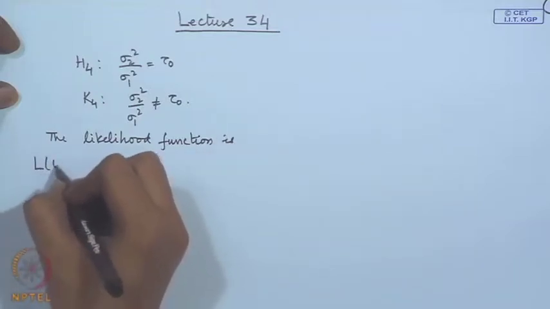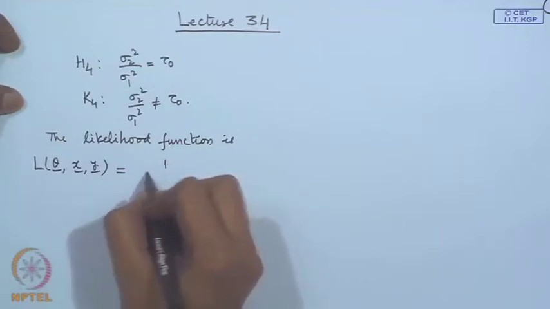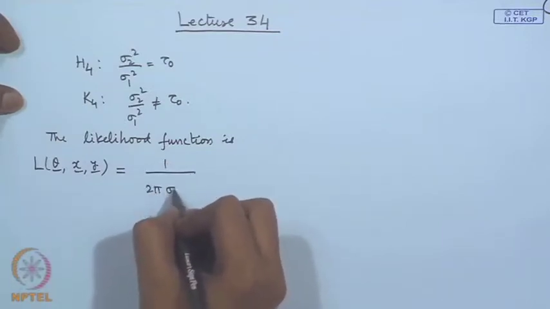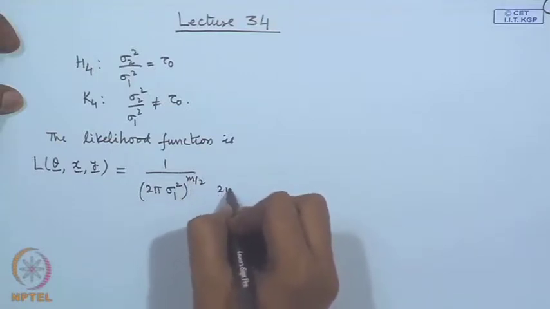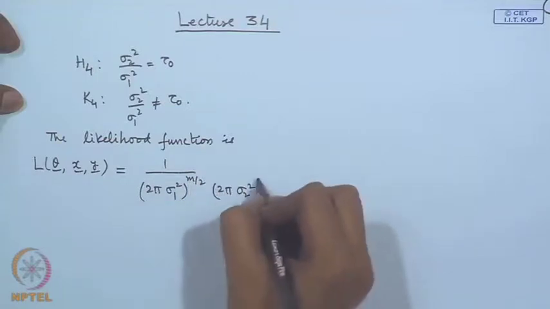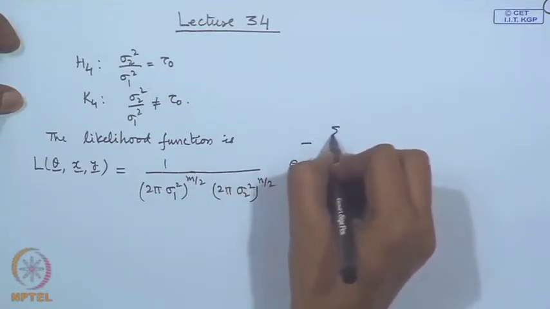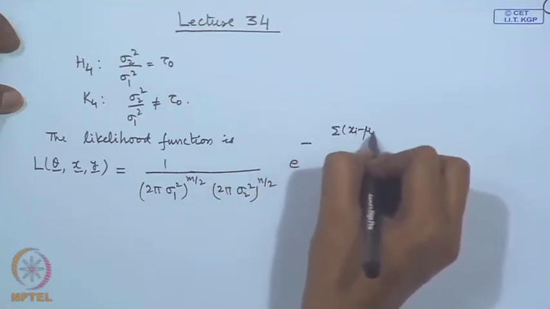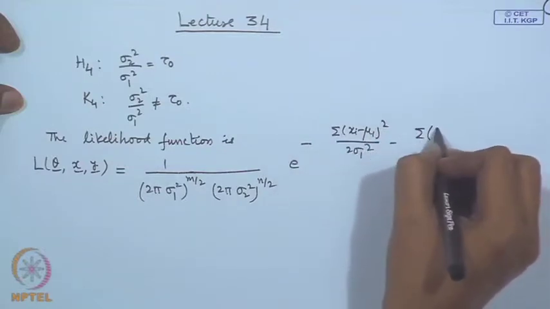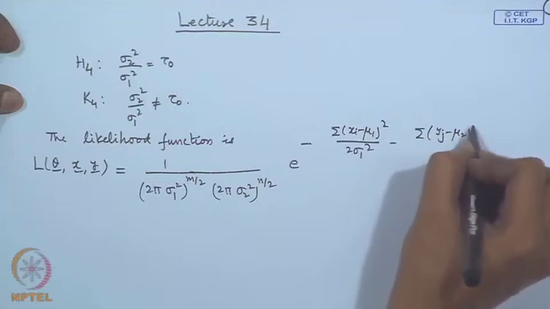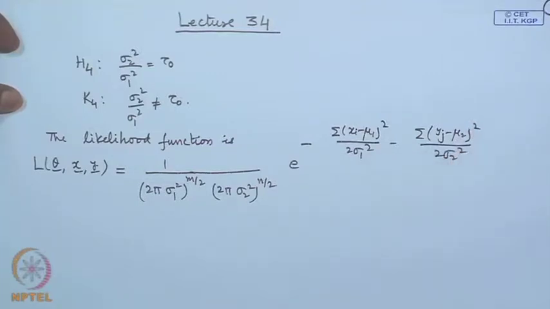So, L theta x y is equal to 1 by 2 pi sigma 1 square to the power m by 2, 2 pi sigma 2 square to the power n by 2, e to the power minus sigma x i minus mu 1 square by 2 sigma 1 square minus sigma y j minus mu 2 square by 2 sigma 2 square.